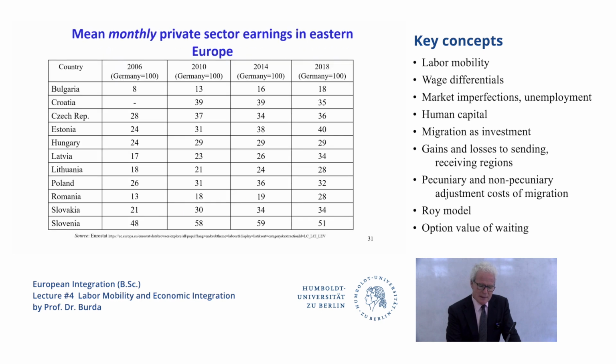Now let's look at a similar measure, not quite the exact same, because this is a monthly indicator, which doesn't make much of a difference, but you can see how the convergence has occurred over time. In 2006, the Bulgarian would have seen 8% of the German equivalent, and by 2018 it was 18%. That's more than a doubling of your relative wage.